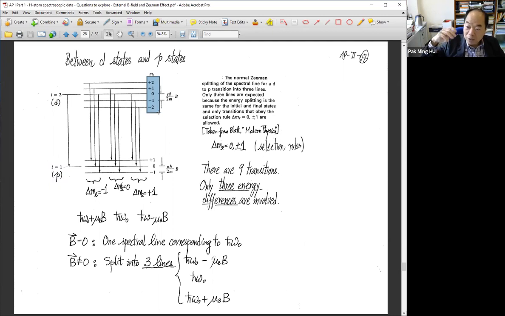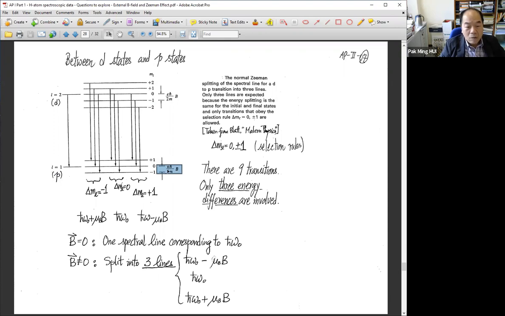The magnetic field will lift or remove this degeneracy, and then we have 5 different D state energies. The interval between neighboring split states is mu B B. And for the P states, we have 3 degenerate states that now split, and again we have this mu B B interval.